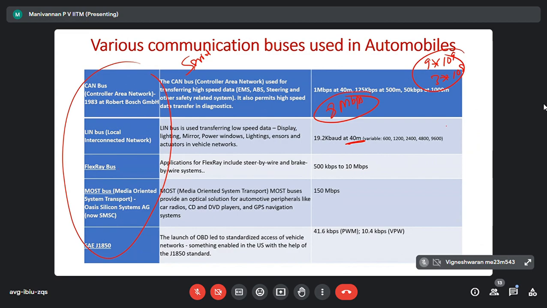For example, I say 10 Mbps speed. What is the information of this one? I want to transfer 8 bits at 10 Mbps. So 1 bit takes 0.1 microseconds. To transmit 8 bits, how many microseconds? 0.8 microseconds.